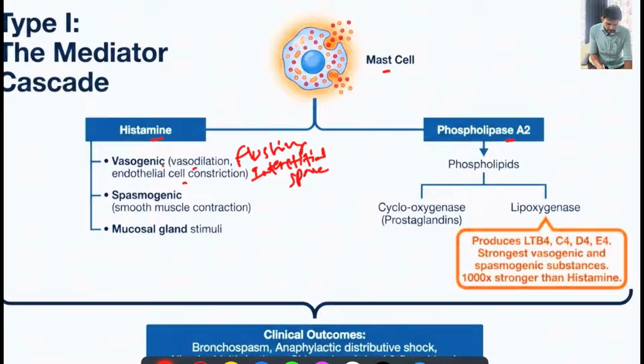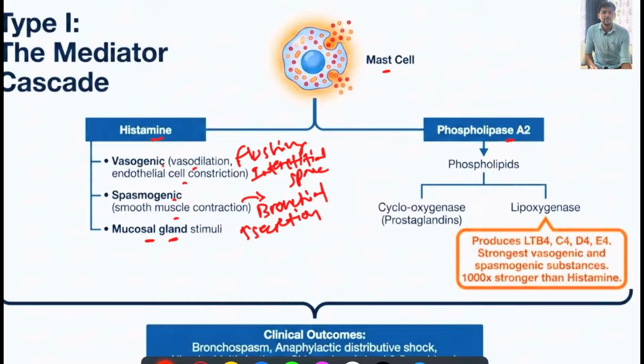Histamine is also spasmogenic: smooth muscle contraction will happen, and majority of the times in the bronchial wall, the smooth muscles will show a spasmogenic response. Also, as mentioned, mast cells are present near mucosal cells, leading to gland stimulation and increased secretion.